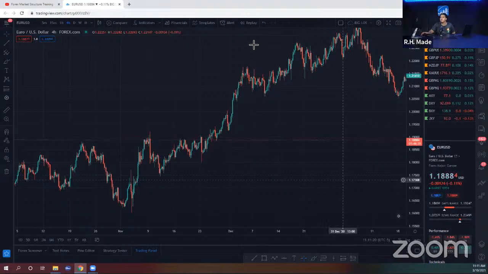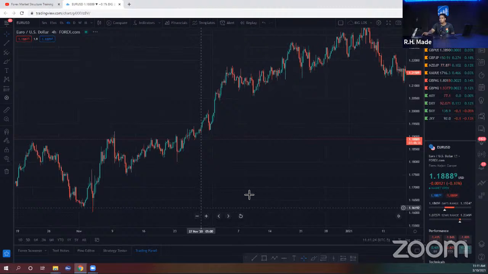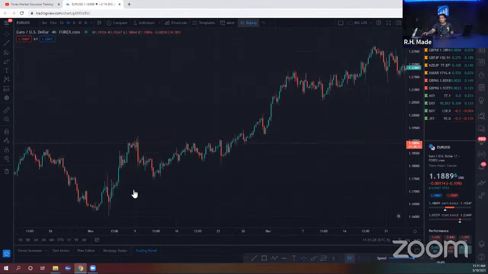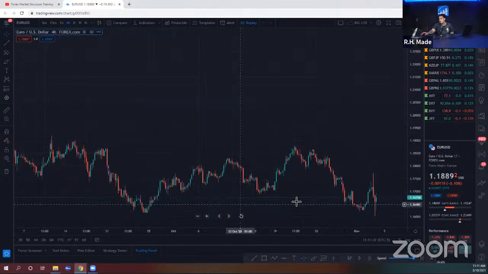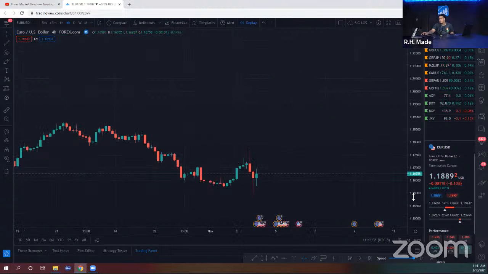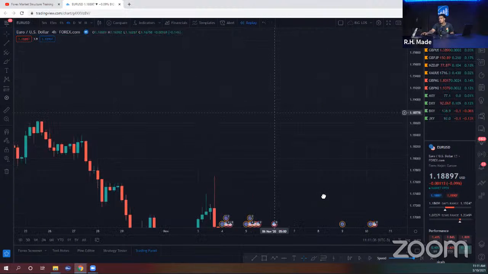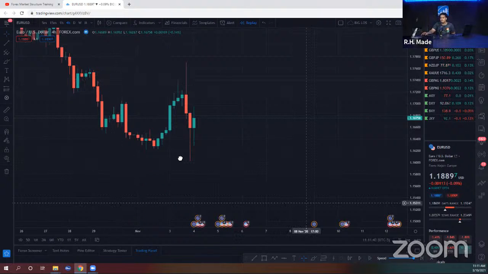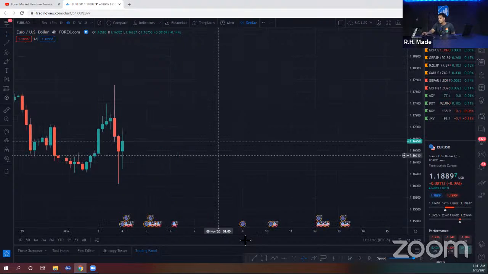Okay. So we're looking at EURUSD right now, and we're going to show you the concept of the break and retest. Here we have the start of an uptrend. Where's the play button? Give me one second.